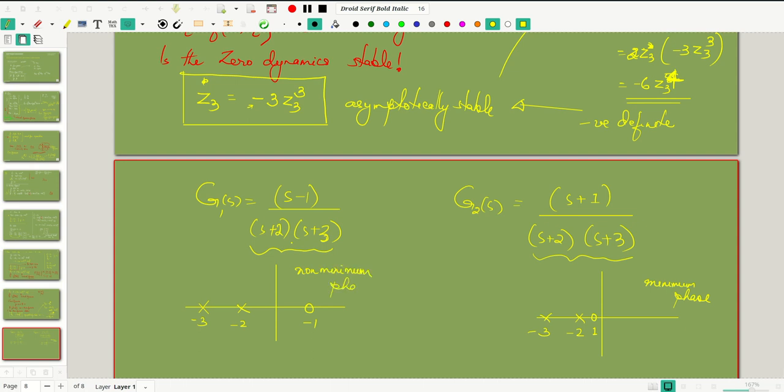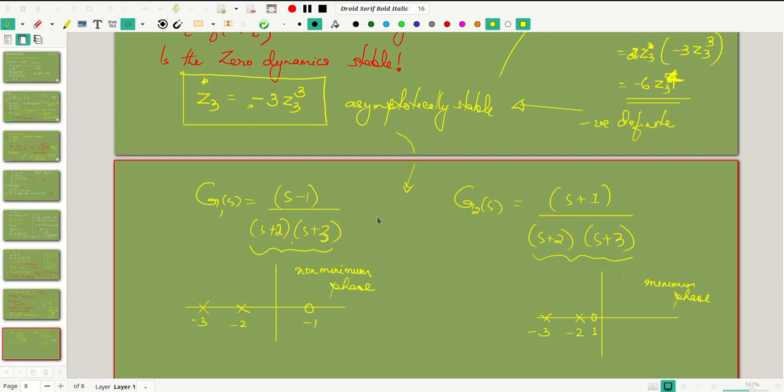Okay. So let me try to link these two problems here. When we speak about zero dynamics stability, the zero dynamics will be stable for a minimum phase system, whereas the zero dynamics will be unstable for a non-minimum phase system.